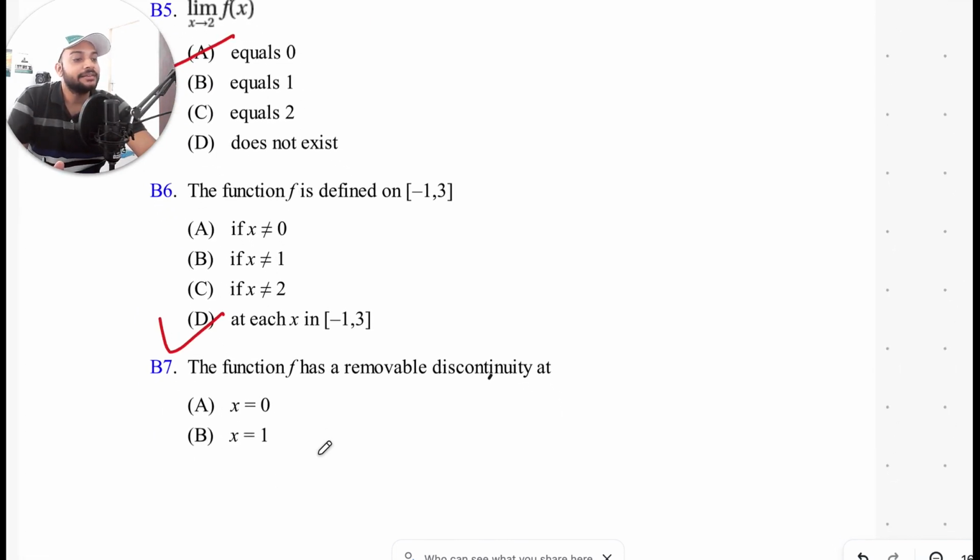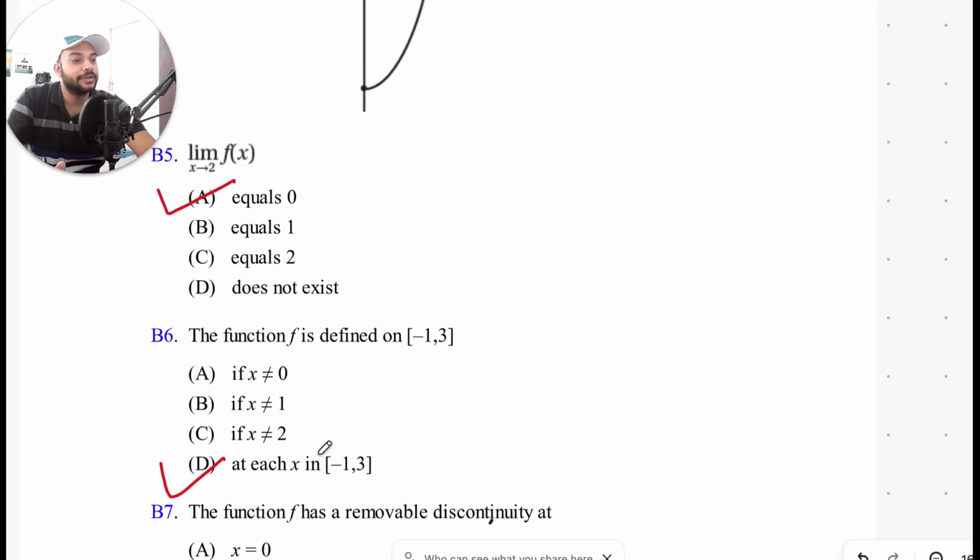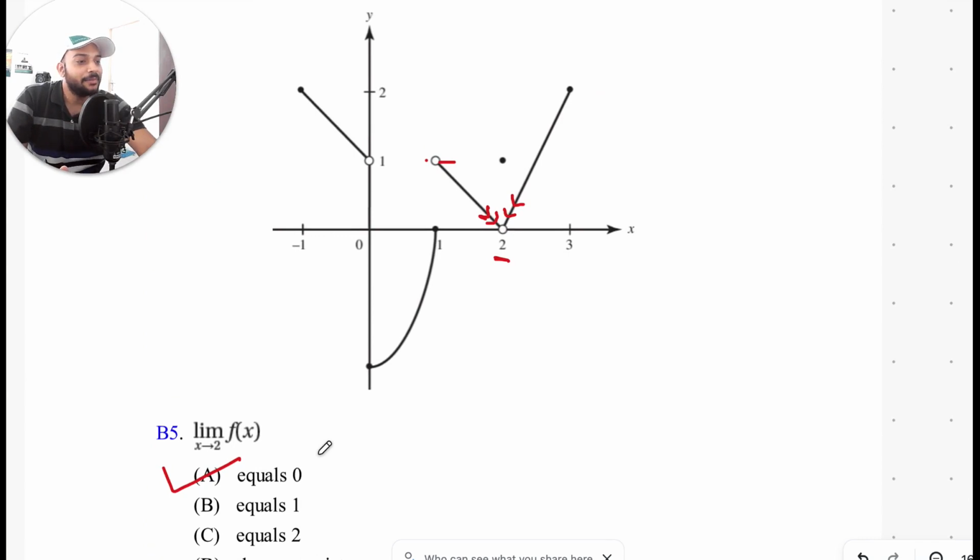The function f has a removable discontinuity at. Perfect, good question. So how many discontinuities do we see here? First of all, I would identify the first one at x equal to 0, the second one at x equal to 1, the third one at x equal to 2. The first discontinuity, x equal to 0. The function is coming in continuous.